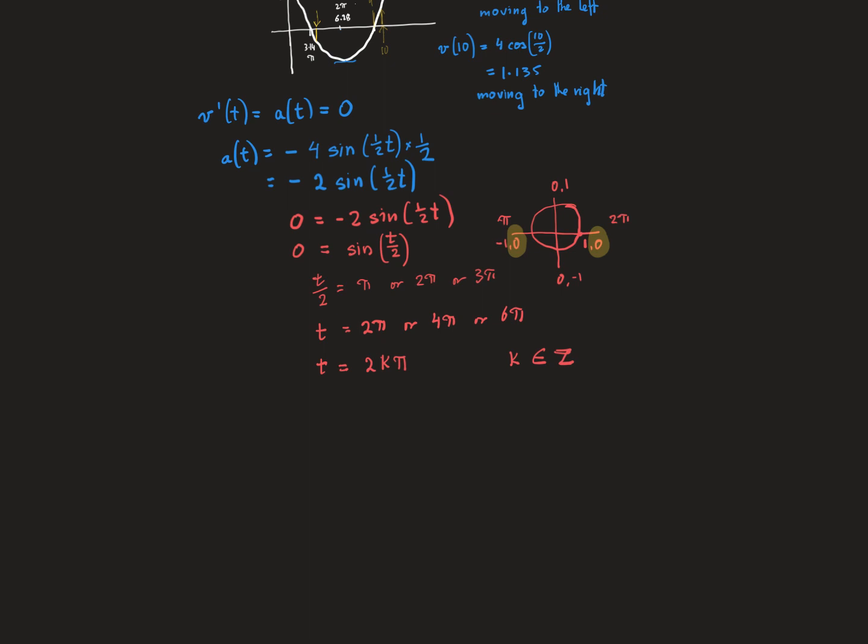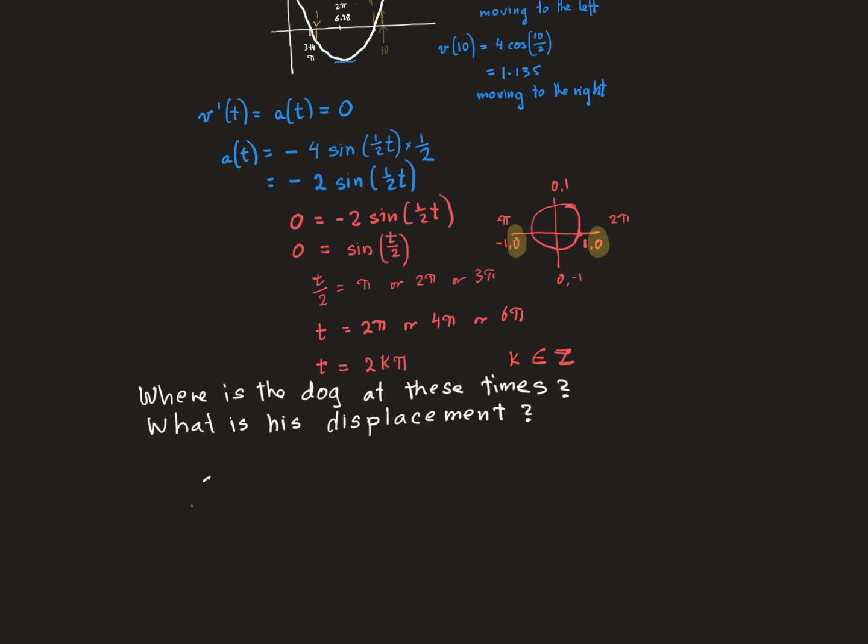But we ask ourselves the question, where is the dog at these times? What is his displacement? So let's have a look at the displacement at 2k pi, which is 8 sine of 2k pi over 2.